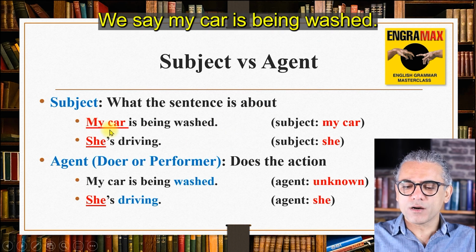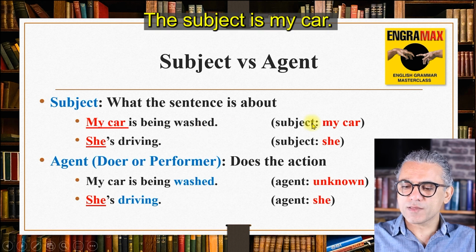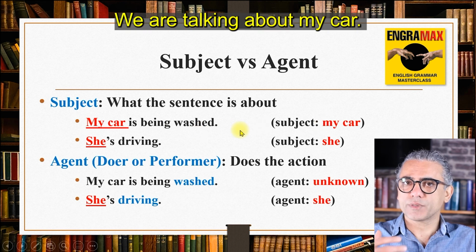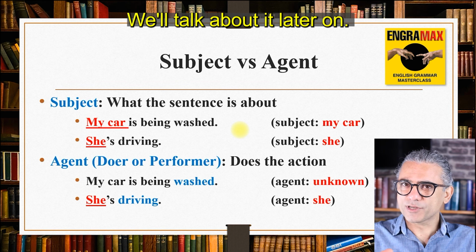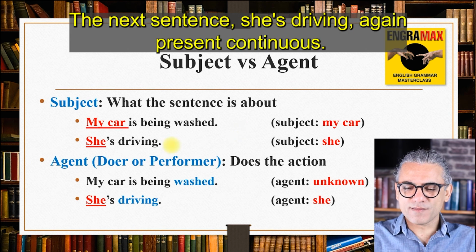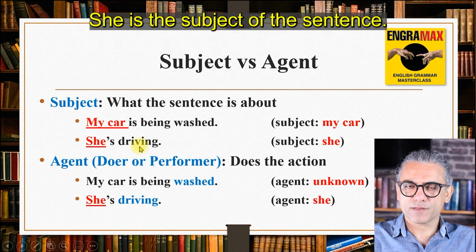We say, my car is being washed, present continuous. The subject is my car. We are talking about my car. But is this an active sentence or a passive sentence? We'll talk about it later on. The next sentence: she is driving, again present continuous. She is the subject of the sentence.